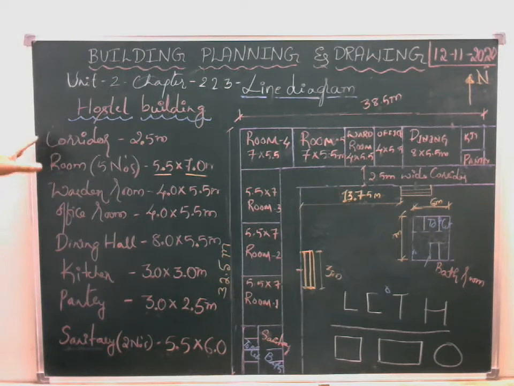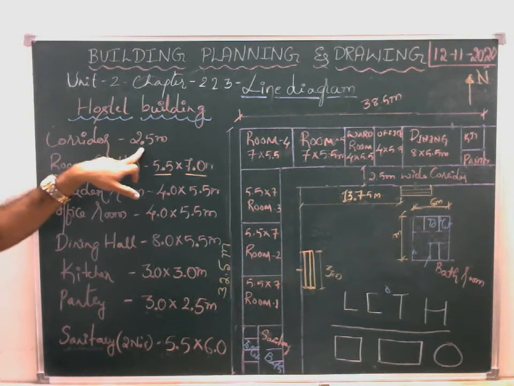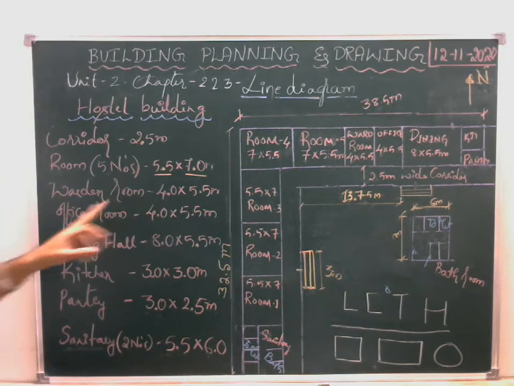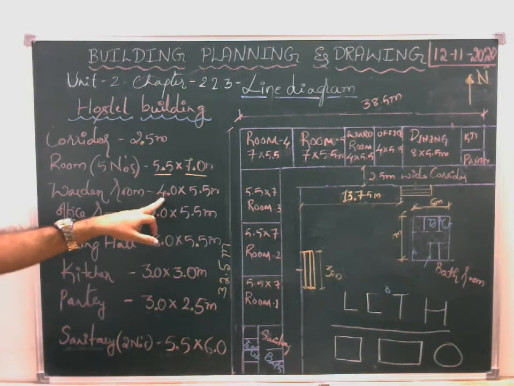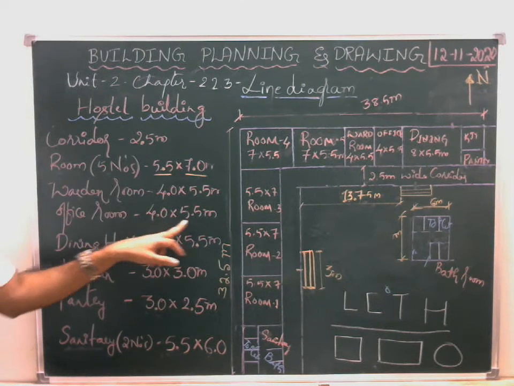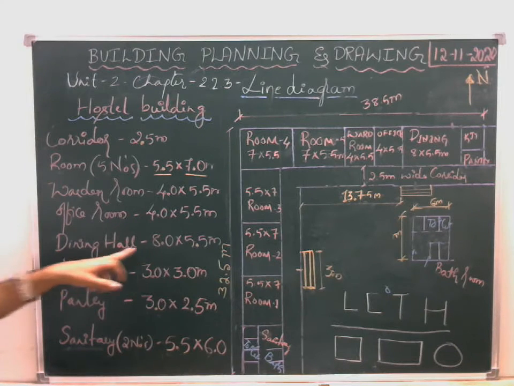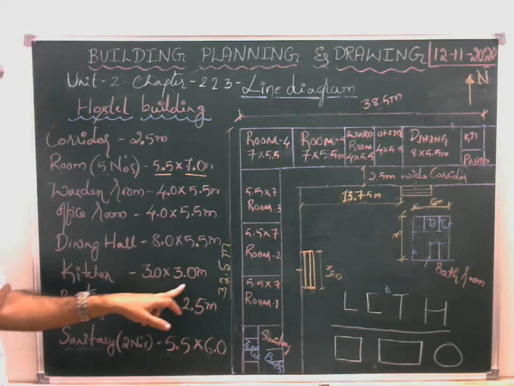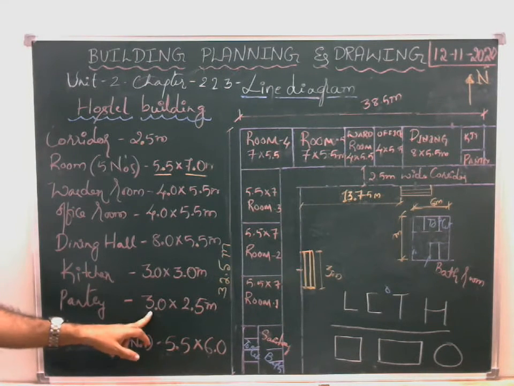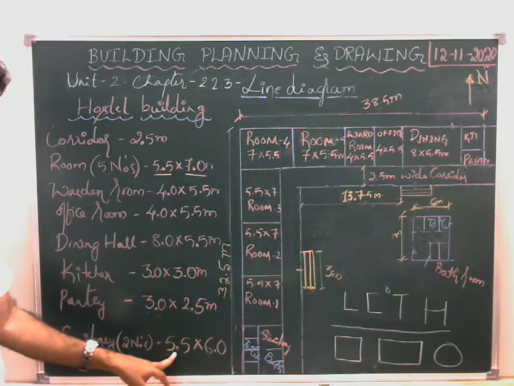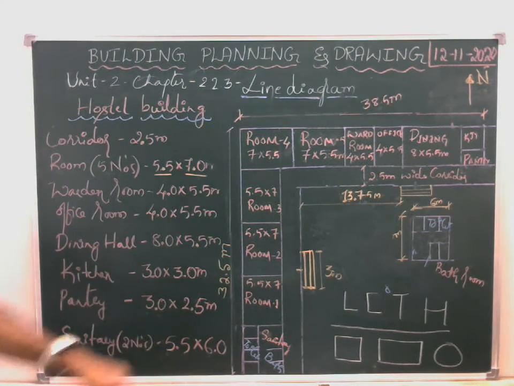For the corridor, 2.5 meters; for rooms, 5 rooms of dimension 5.5 into 7 meters; a warden room of 4.0 into 5.5 meters; an office room of 4.0 into 5.5 meters; a dining hall of 8.0 into 5.5 meters; a kitchen of size 3.0 into 3.0 meters; a pantry of size 3.0 into 2.5 meters; and sanitary blocks for bathroom and toilet, 2 numbers of size 5.5 by 6.0 meters.